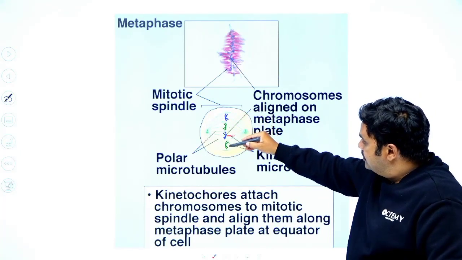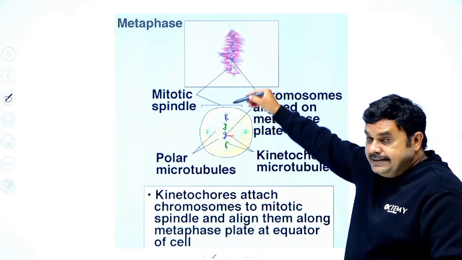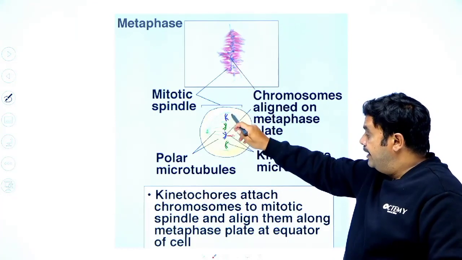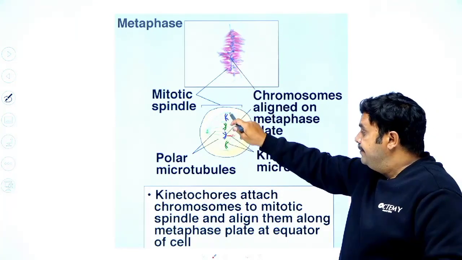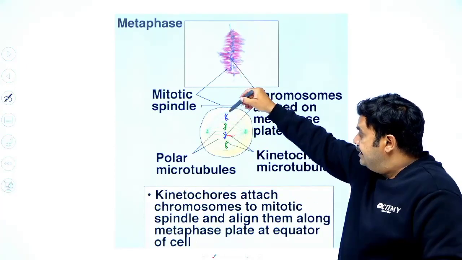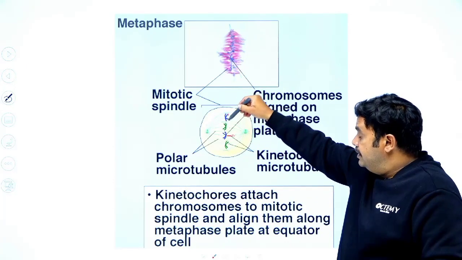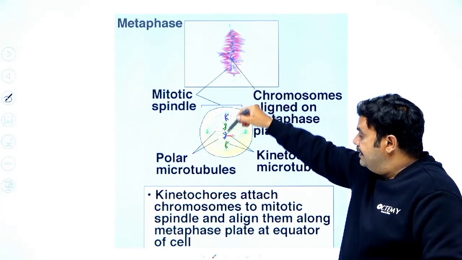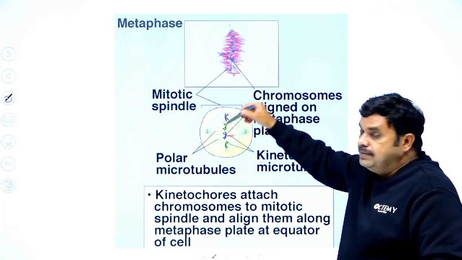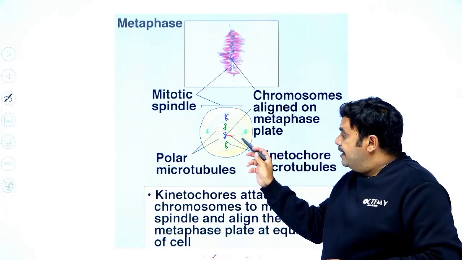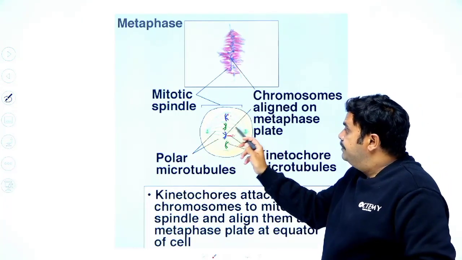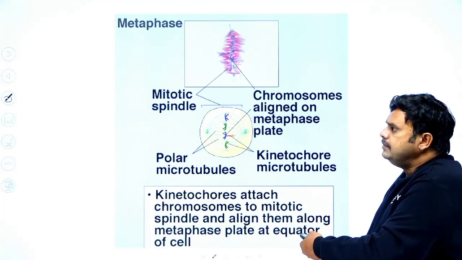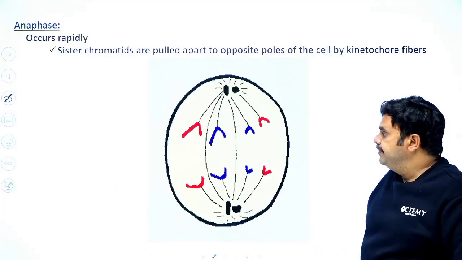All chromosomes come and join in the center area of the cell. Here the chromosomes are arranged in an orderly manner at the center of the cell, and these are attached to the spindle fibers, which starts in the next phase called anaphase.